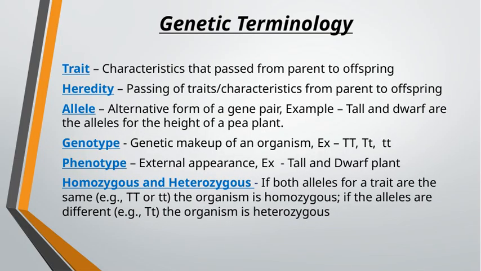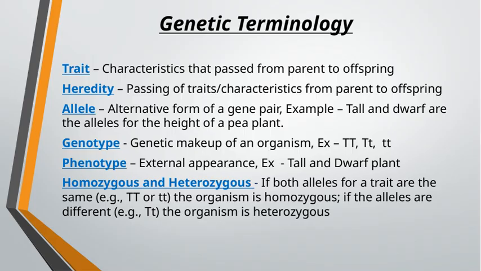Let's take a moment to explore some key genetic terminology that will help us understand how traits are inherited. First, a trait refers to a characteristic that is passed from parent to offspring, such as eye color or height. Heredity is the process through which these traits are transmitted from one generation to the next.